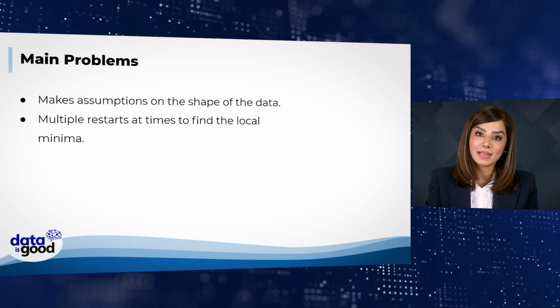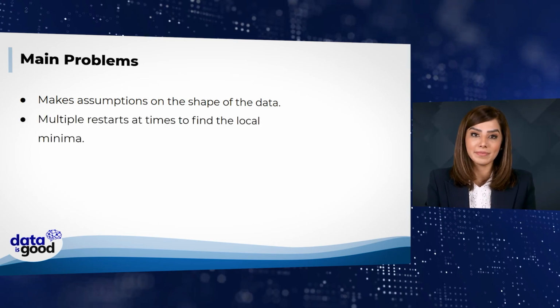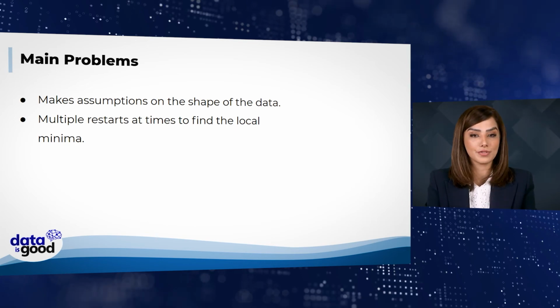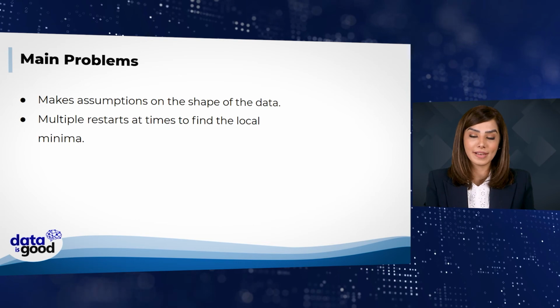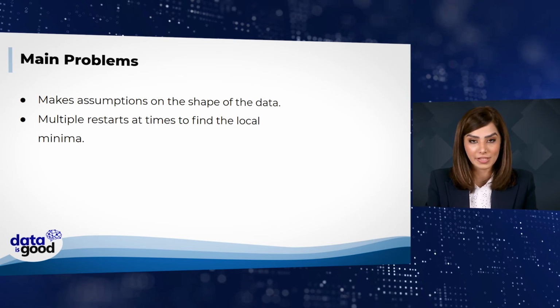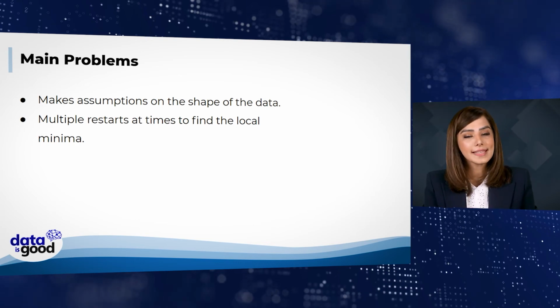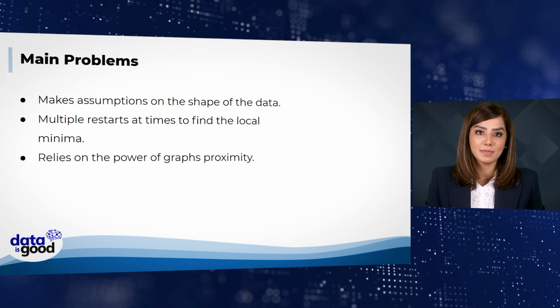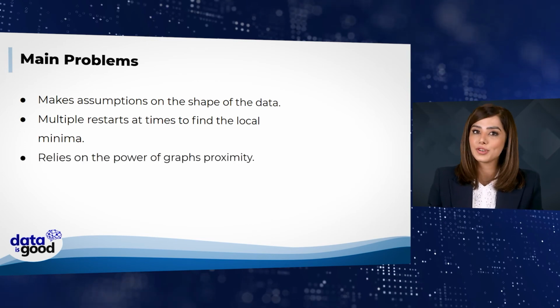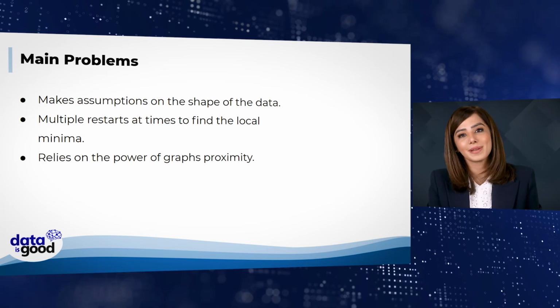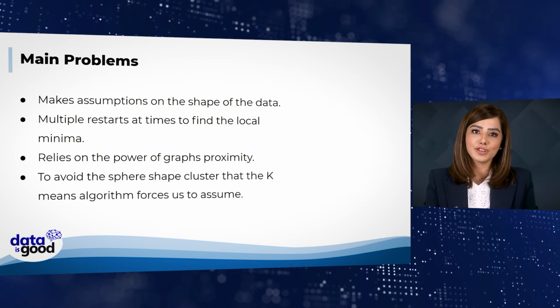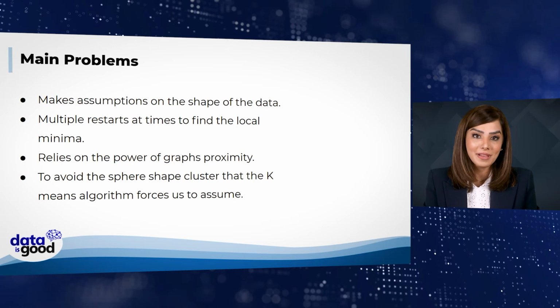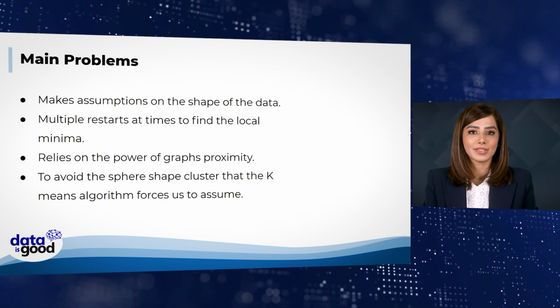It requires multiple restarts at times to find the local minima, that is, the best clustering. Spectral clustering algorithm helps to solve these two problems. This algorithm relies on the power of graphs and the proximity between the data points in order to cluster them, making it possible to avoid the sphere-shaped cluster that the k-means algorithm forces us to assume.